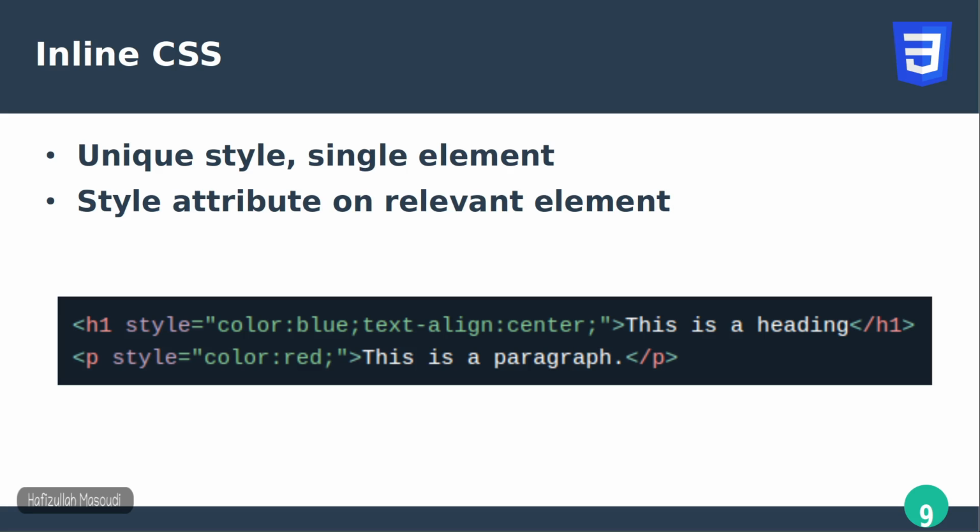So we can use inline CSS to apply a unique style for a single element, and for this to work we can use the style attribute on a relevant element, which can contain any CSS property. So as you can see in the example image provided in the slide, we have a heading and a paragraph. So for each of them we have an inline style. So for the heading we have the style attribute, which holds some declaration blocks, and for the paragraph we also have another style attribute which also holds a declaration block.